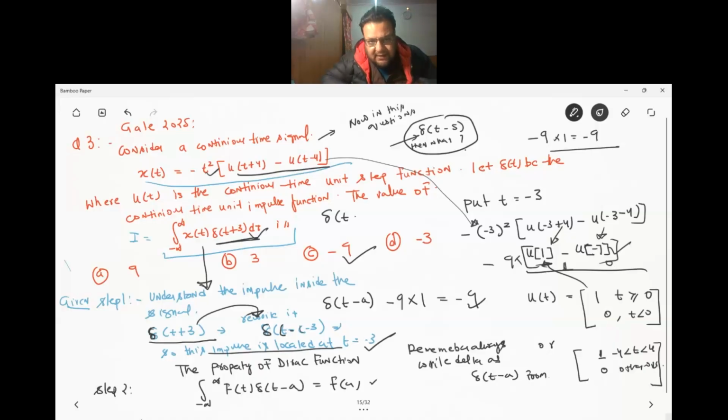Let's say this is minus 5. First, you have to put this in the form lambda of t minus a. So that means lambda of t minus of minus 5, correct?